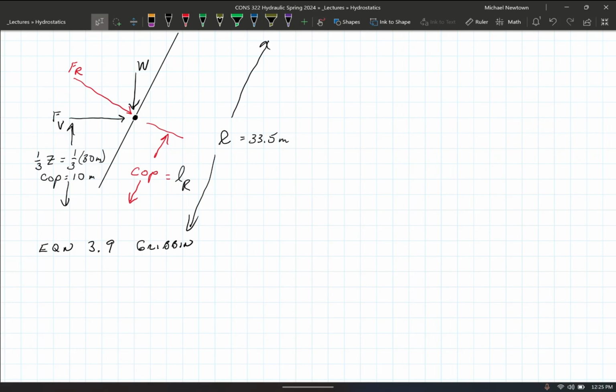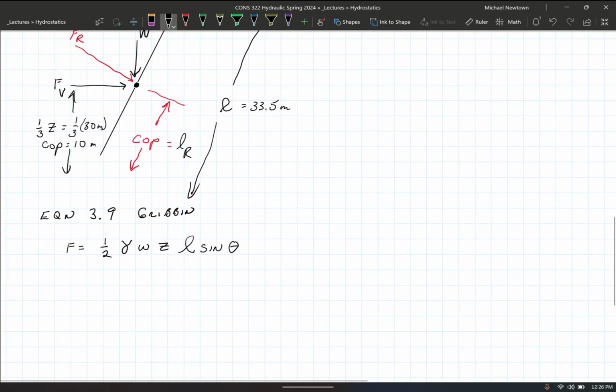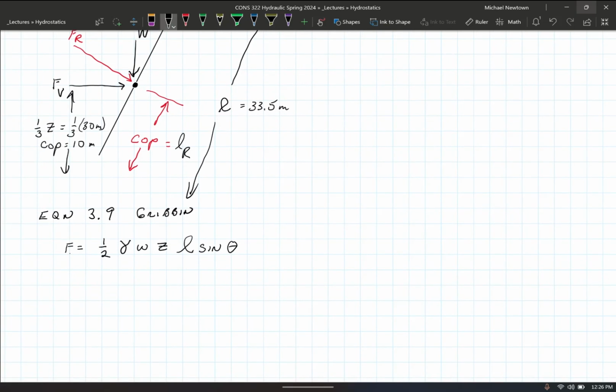The force is equal to 1/2 specific weight times the width times the Z times L sine of theta. Ugly, ugly, ugly. By the way, this is FV.